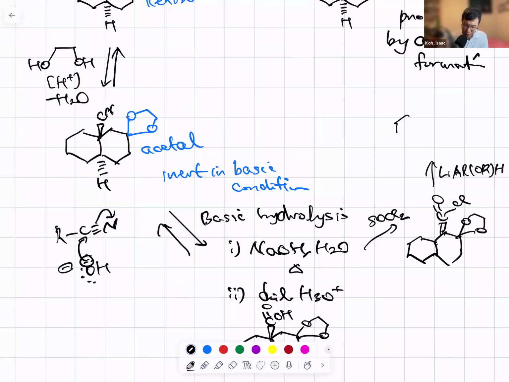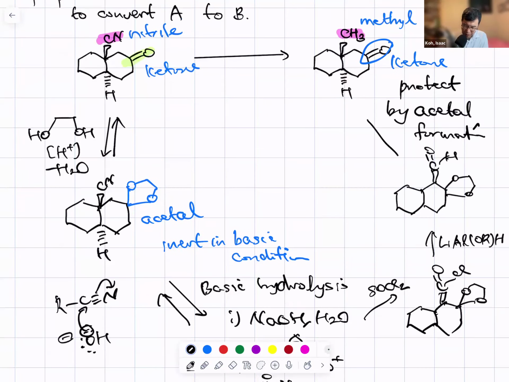It'll be turned into an aldehyde. And then finally, strongly acidic condition. Then the acetal will be deprotected, forming back to the ketone.